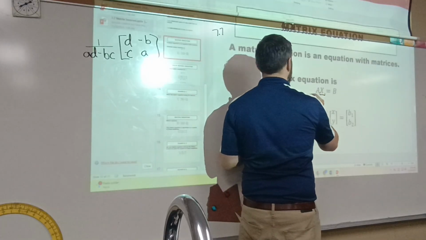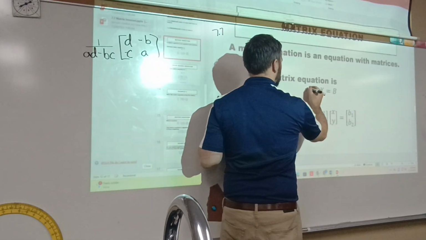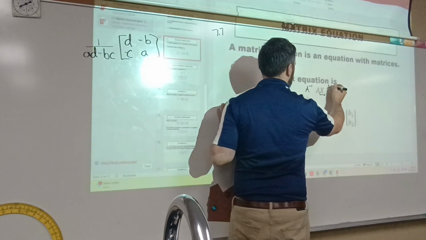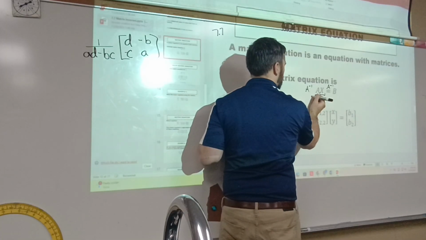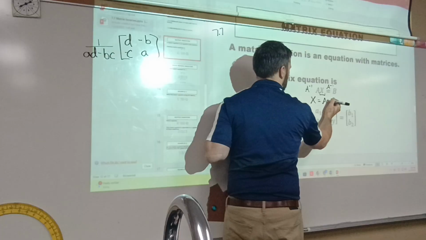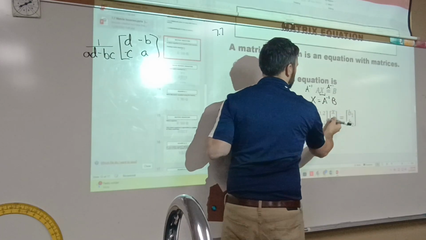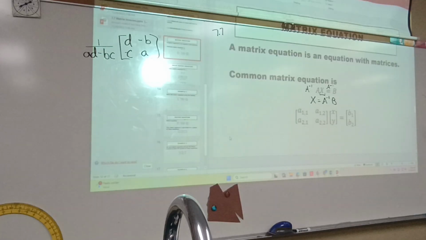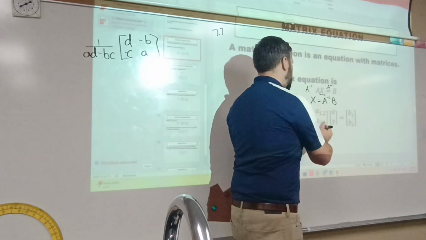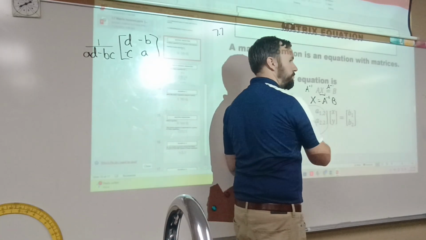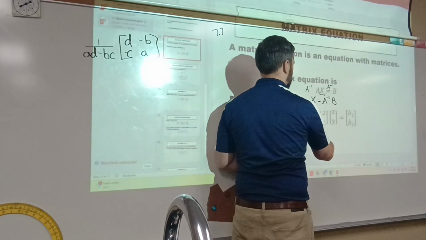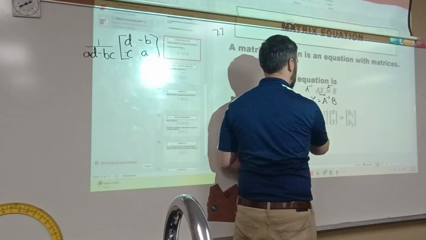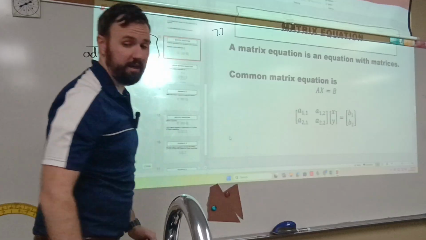If I were to multiply both sides by A inverse, what's it going to do to these two matrices? It's going to cancel them. So x would be equal to A inverse times B. So basically we can solve these equations by finding the inverse of this and then multiplying it on both sides. And you'll get what x and y are. Okay? We got to practice this. It's easier to see in practice than theory.